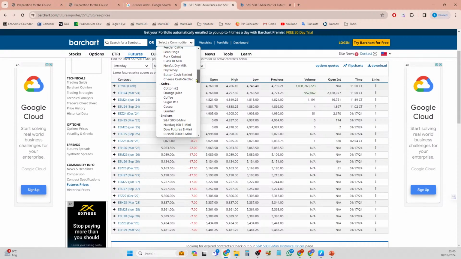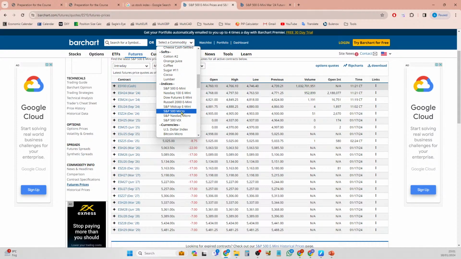So when you scroll down to indices, you will see there is an index called S&P 500 E-mini. So there are two types of futures contracts that can be traded. So the first one is E-mini contract, and the second one, you can see the name is repeated over here, S&P 500, S&P 500. The first one is E-mini, and the second one is micro.